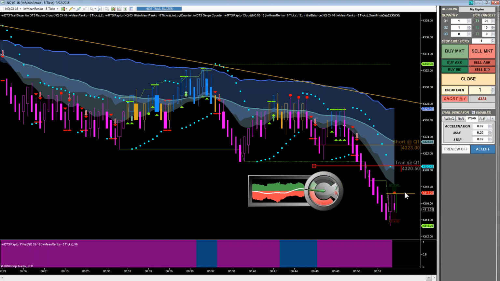Like I said, though, I'll just let the Trailblazer here continue with the trade. The nice thing about using the Trailblazer and the Trade Manager and this auto trade management feature is it actually frees you up to look at other markets.